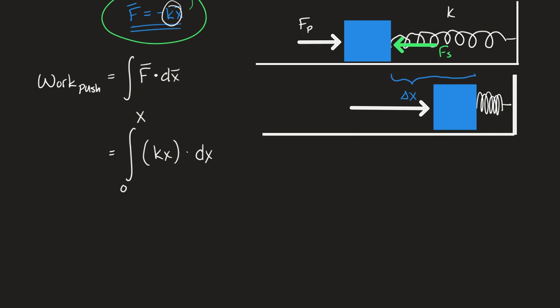So I do have to evaluate the dot product and put an angle in here. And this angle has to represent the relationship between my pushing force and the displacement of the box, which I think we can probably all agree, if it's my pushing force, it was in the direction of the displacement, so that's going to be 0. Are we good so far?